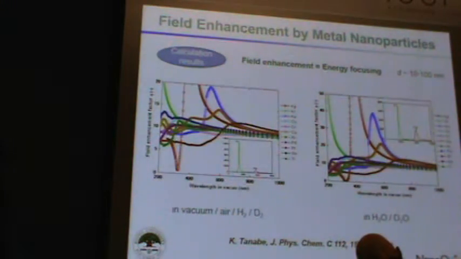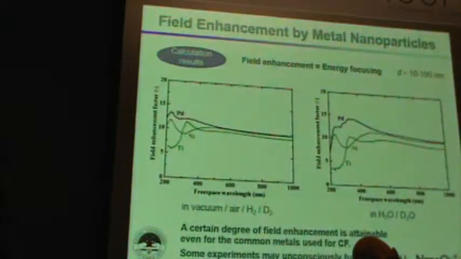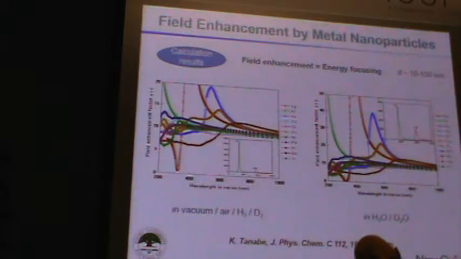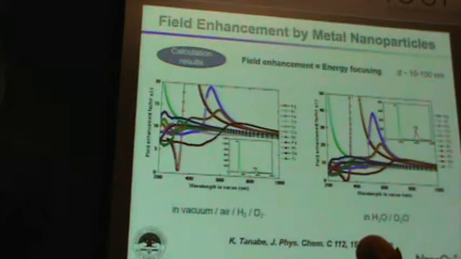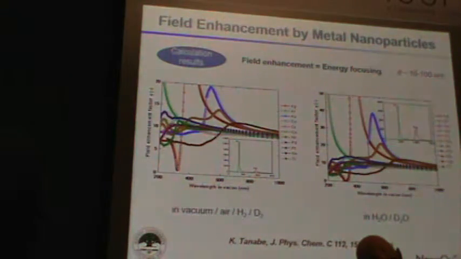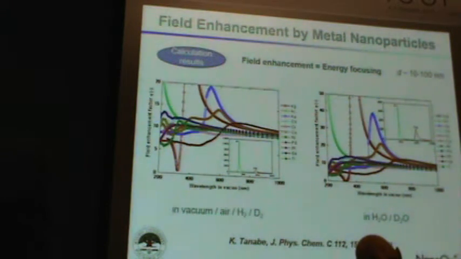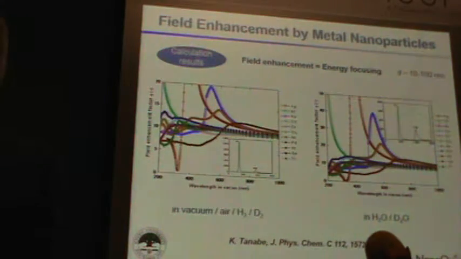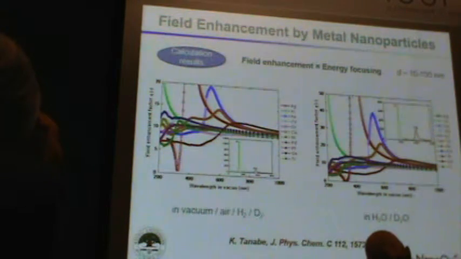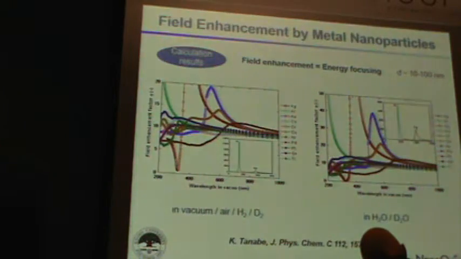And this is a calculation result, and we can see that for a variety of metal elements, we can have more than 10 times enhancement of the field. This can be applied to the liquid phase experiment, because they apply an electrochemical method and the field is enhanced around the metallic nanoparticles.